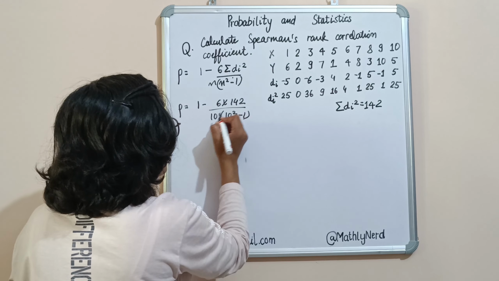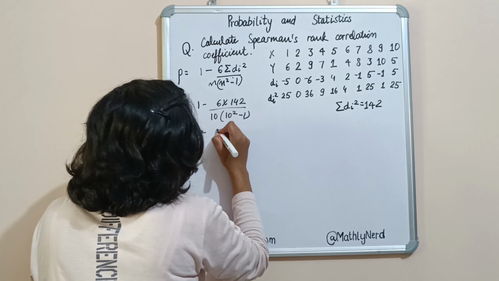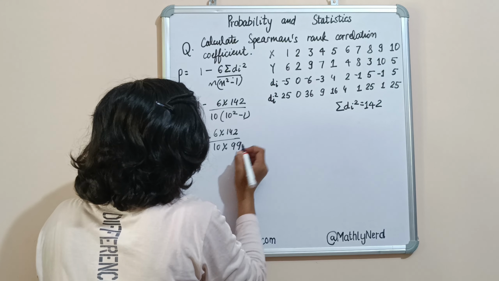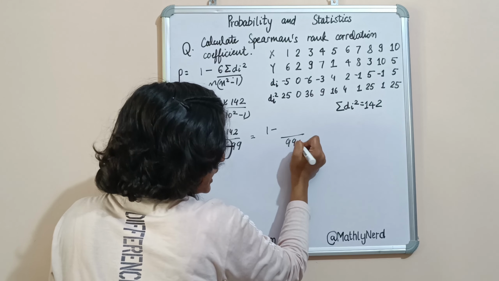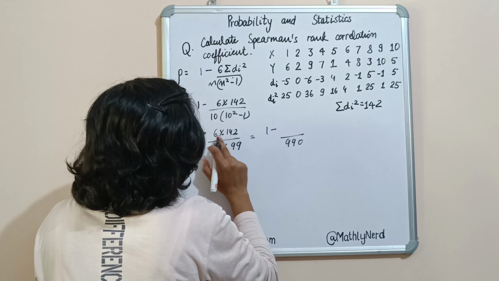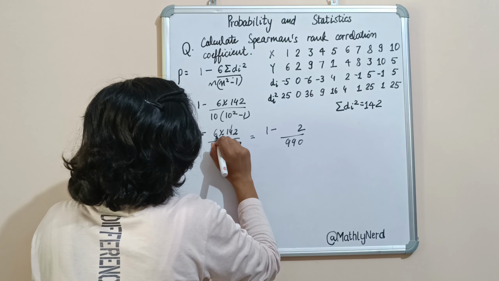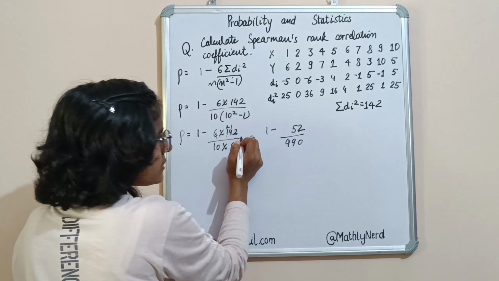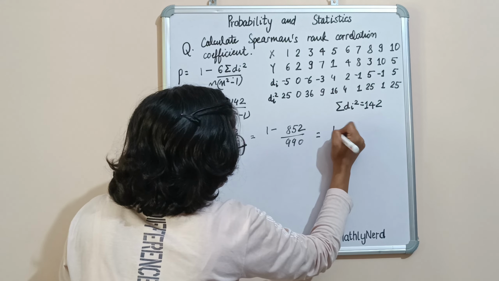So this will be equal to 1 minus 6 times 142 by 10 times 99, which is 990, and 6 times 142 is 852.